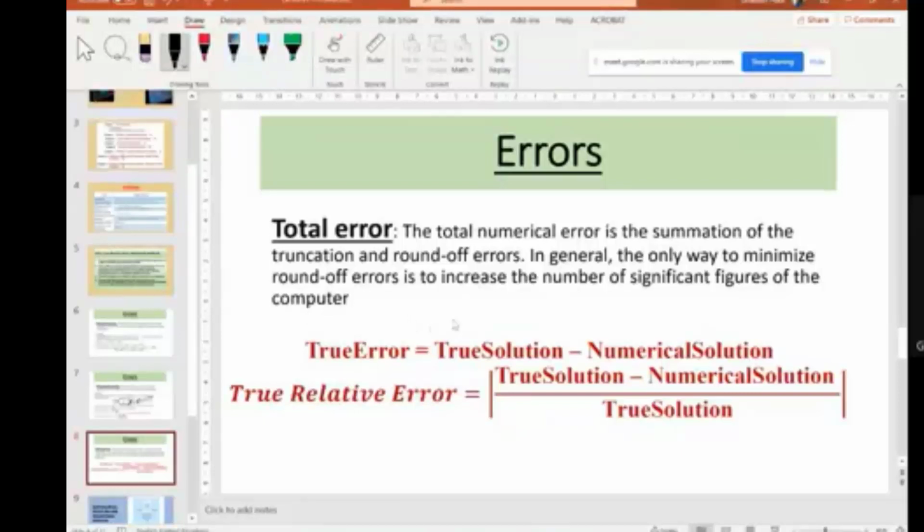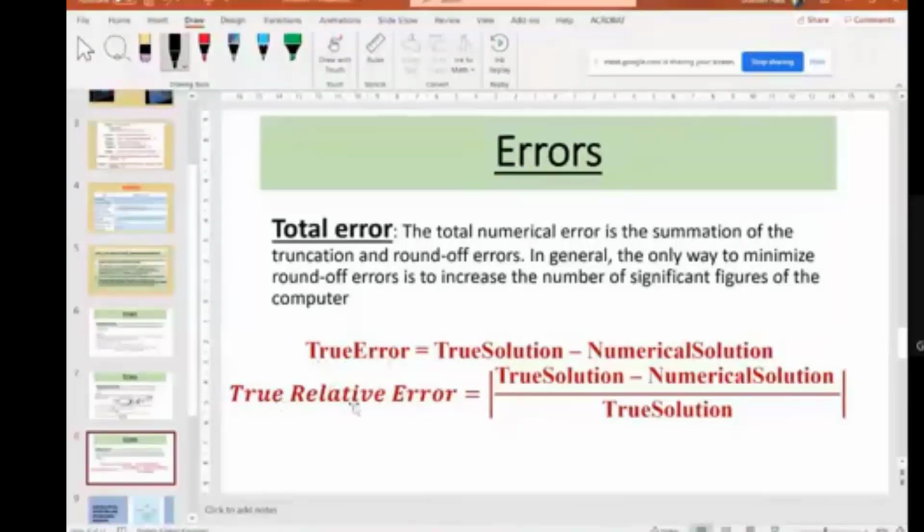We need to take 5 or more decimals. For this, the true error is the true solution, the solution used by analytical methods, minus the numerical solution. This is the true error.